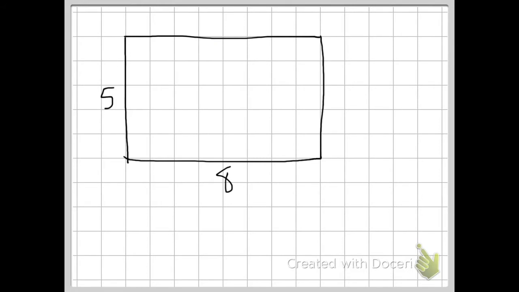The area of any rectangle is always the length times the width. In our case, the length is the longer of the two sides listed on a rectangle, so it would be 8.